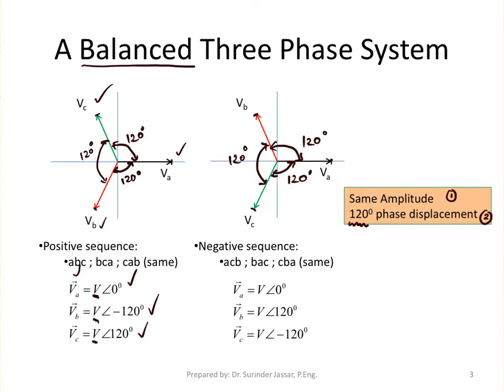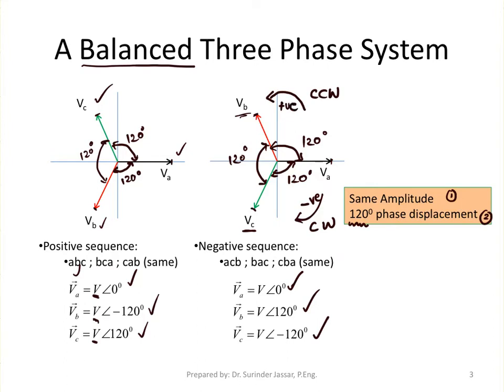A has an angle of 0, C has an angle of negative 120, and B has an angle of positive 120. Because when you go counterclockwise, you measure the angle positive, and when you go clockwise, you measure the angle negative.